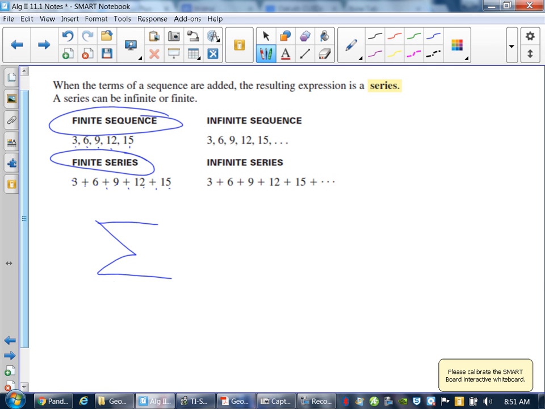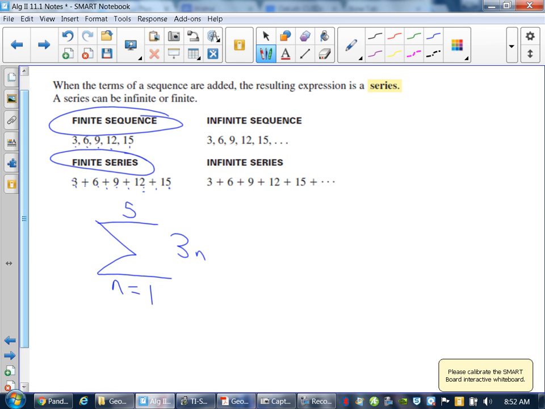Usually we write it like this, where n is the first term, and you're adding it up through how many terms are in the series. Here we have 1, 2, 3, 4, 5 numbers. I'm going to add the first 5 numbers of some sequence, derived by 3 times n: 3 times 1, 3 times 2, 3 times 3, and so on.